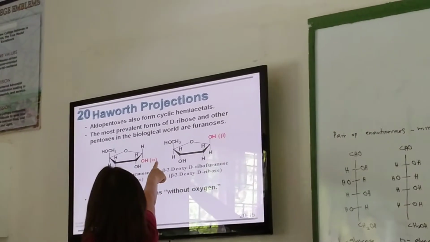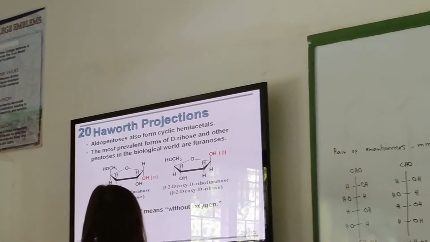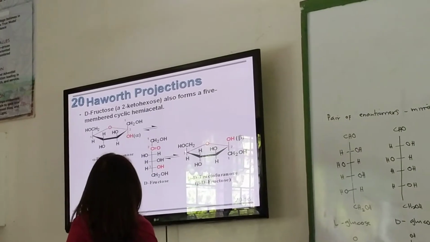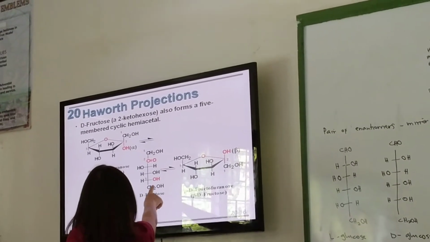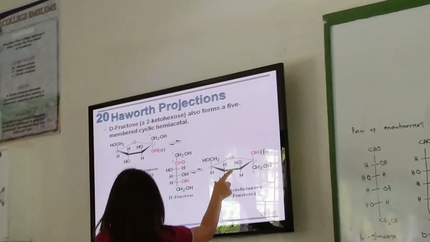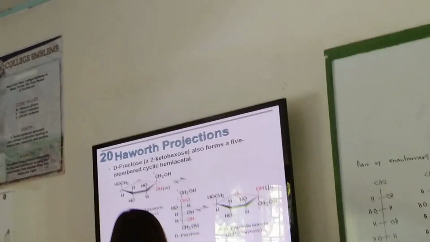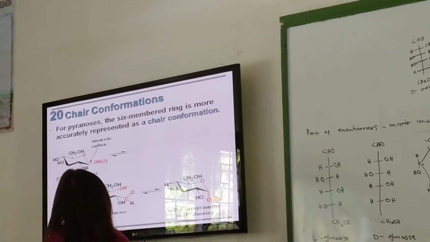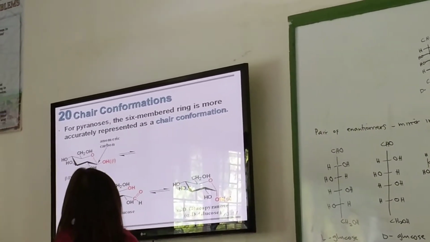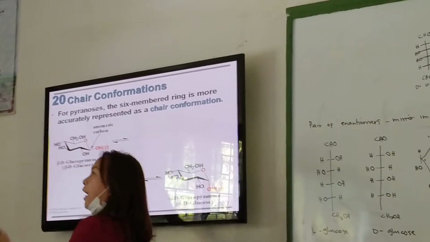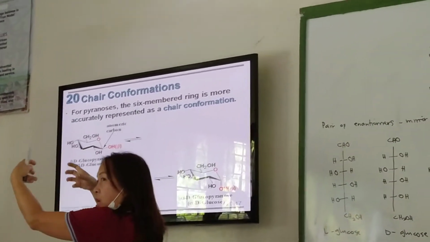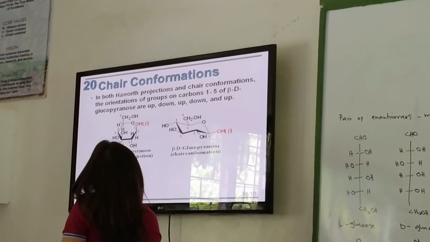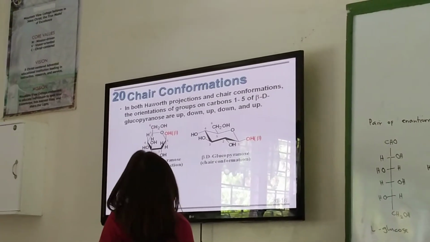We have alpha down, beta up. So like this, from the Fisher projection to the Haworth projection. Okay, we also have these conformations. That is the keyword, to become chair conformation. Chair conformation.